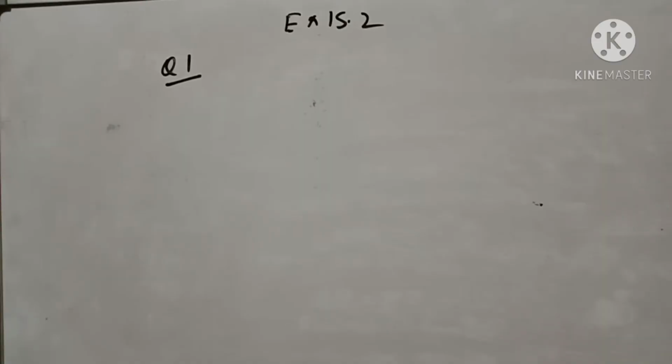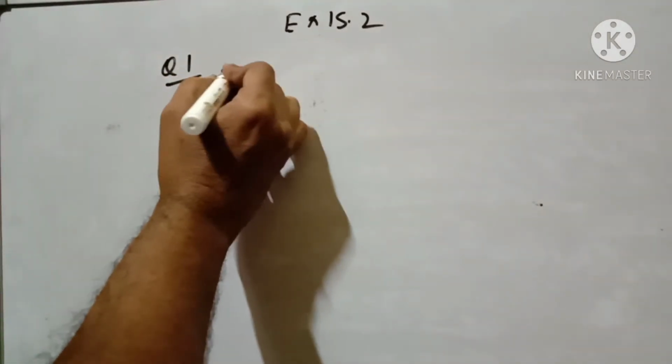Now exercise 15.2, question number 1. If arcs APB and CQD of a circle are congruent, then find the ratio of the arc AB to CD. So write down solution.